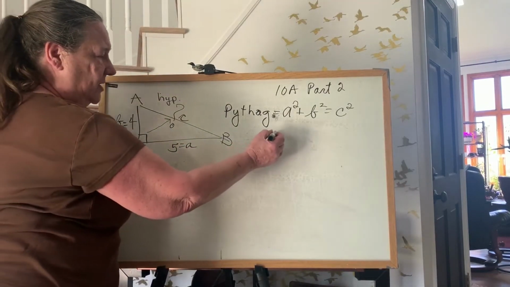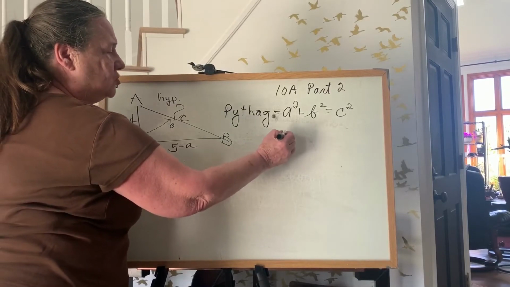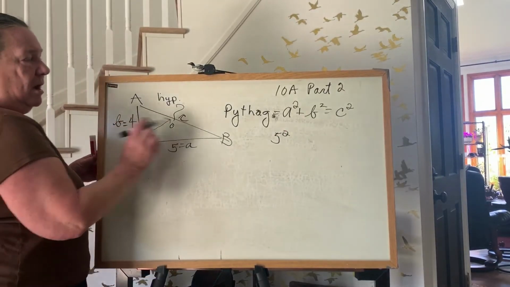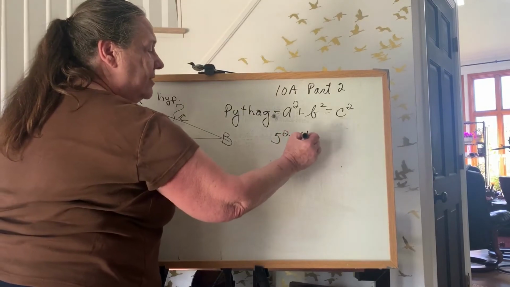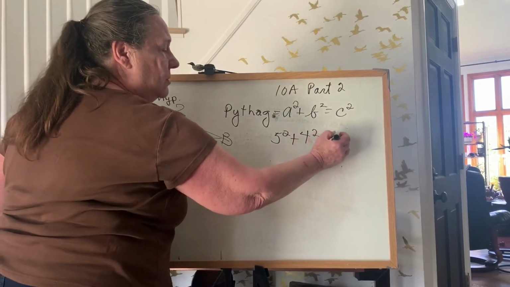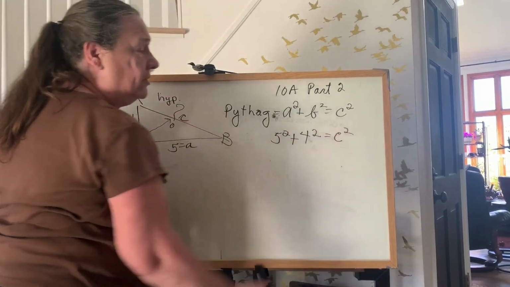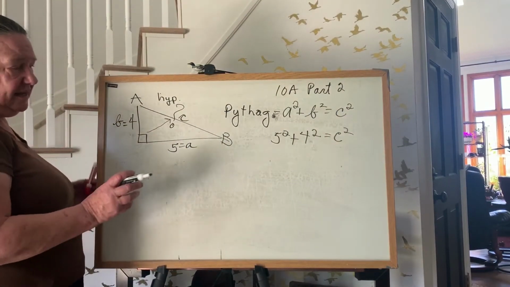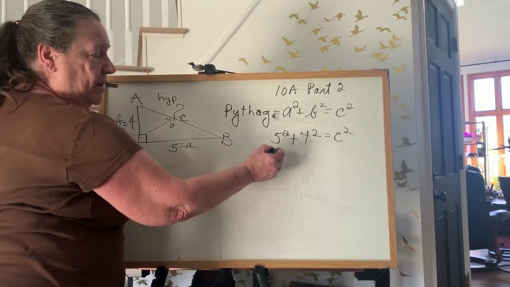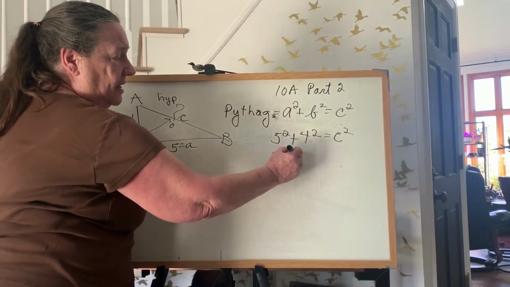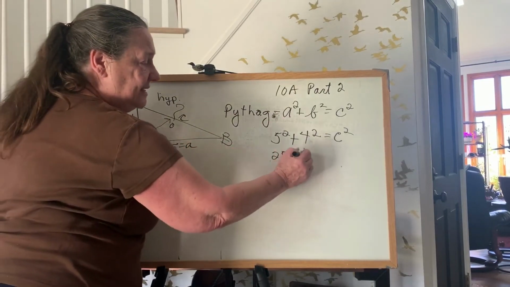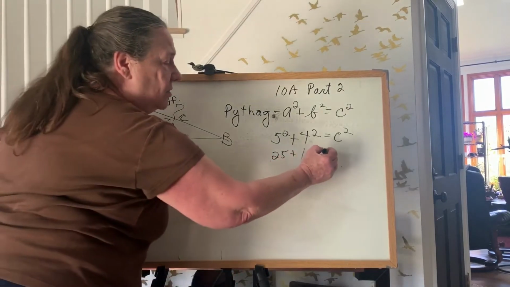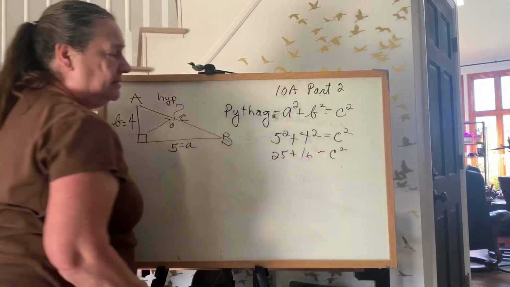So this time, I'm going to go 5 squared plus 4 squared equals c squared, okay? You must complete all the calculations. 5 squared is 25. 4 squared is 16 equals c squared.